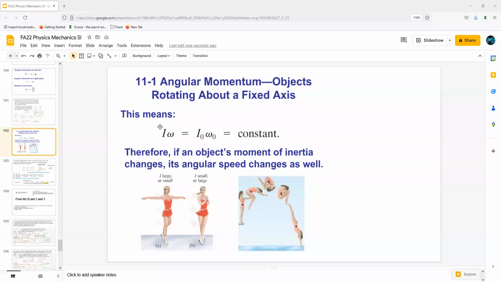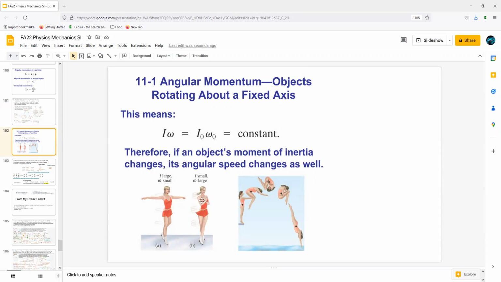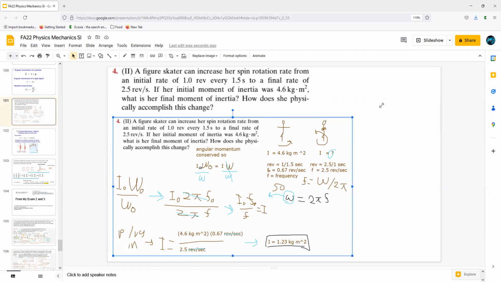So this is constant. And that's what we showed here. If you set these equal to each other, you get your moment of inertia. And here, when she pulls in her arms, the angular velocity increases, but the moment of inertia decreases because the momentum stayed the same. So they needed to change. So that's what this was showing me.